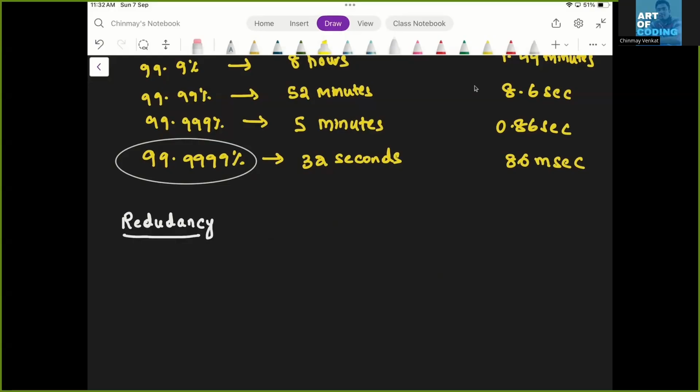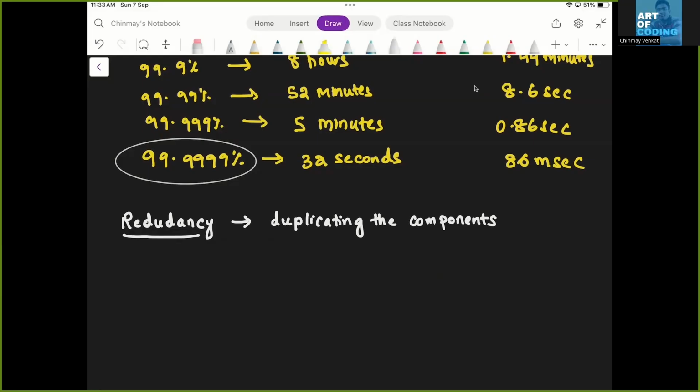Redundancy is one of the key factors to achieve high availability, because redundancy is nothing but duplicating the components.